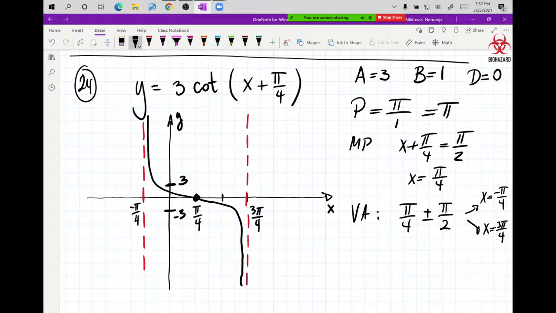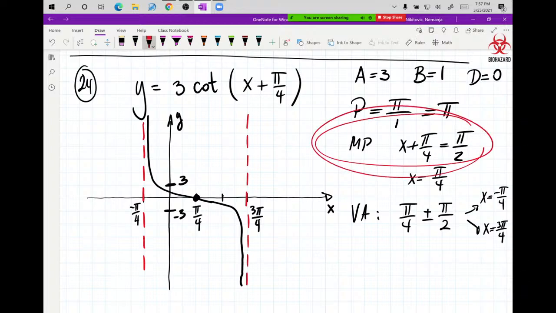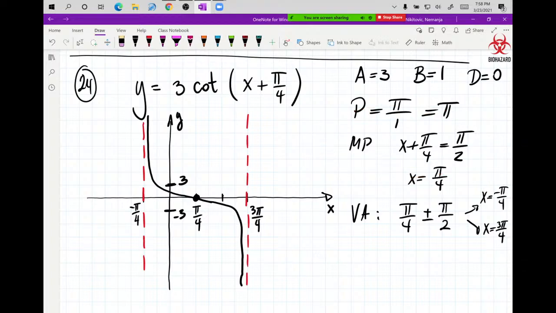The only ones you have to be careful with are tangent and cotangent because their period is not 2 pi, it's pi. And cotangent is the only one that sets the midpoint calculation equal to pi over 2. The other 5 all set it equal to 0. So that's the only difference between these.